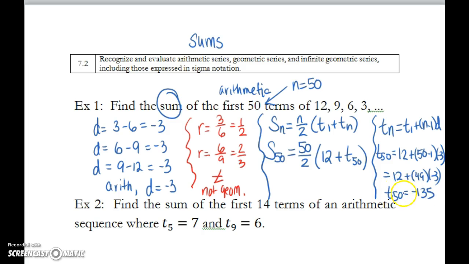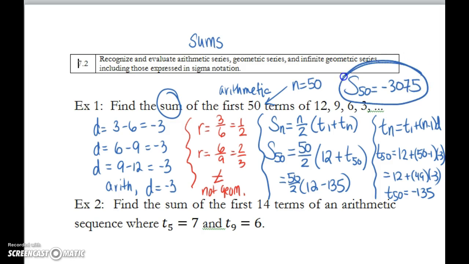Now that we've found that 50th term, we can plug it back in for t sub 50. So we have 50 over 2 times 12 plus negative 135, or minus 135. Working through our formula, we get s sub 50 equals negative 3,075.